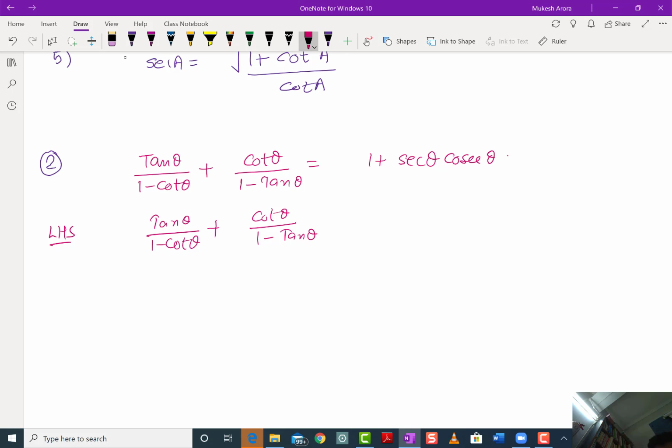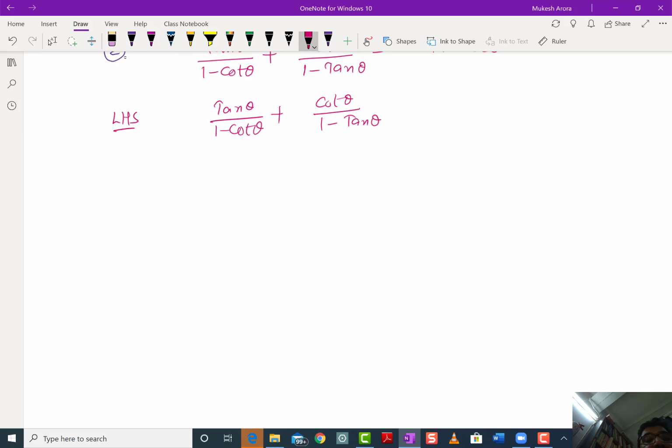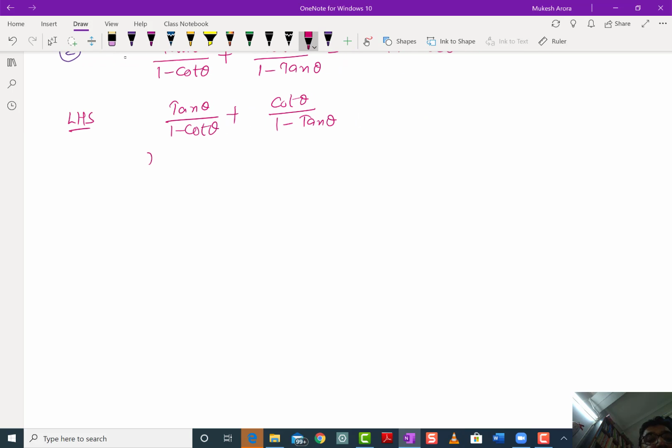So no identity is being used, so we can change into sin and cos. Tangent we can write sin theta by cos theta upon 1 minus cos theta by sin theta plus cos theta by sin theta upon 1 minus sin theta by cos theta.